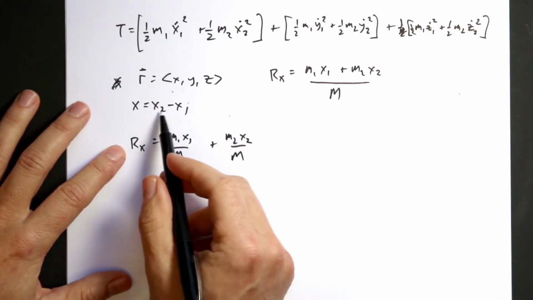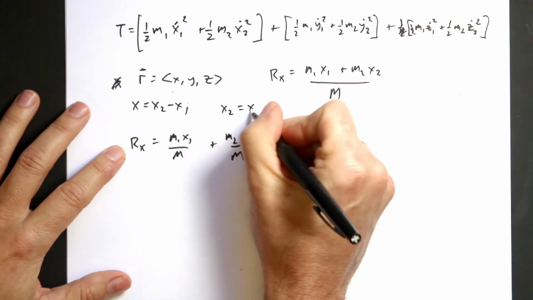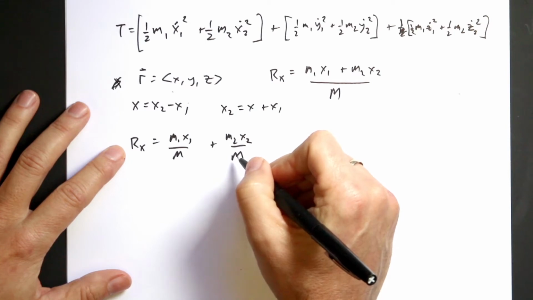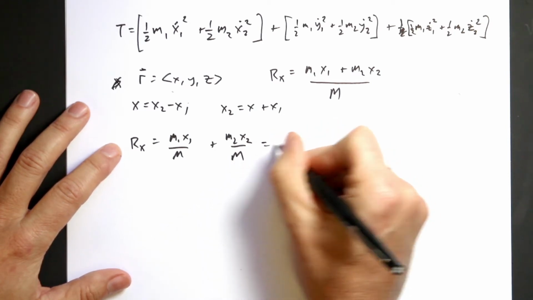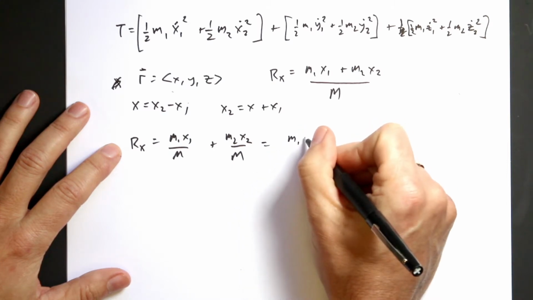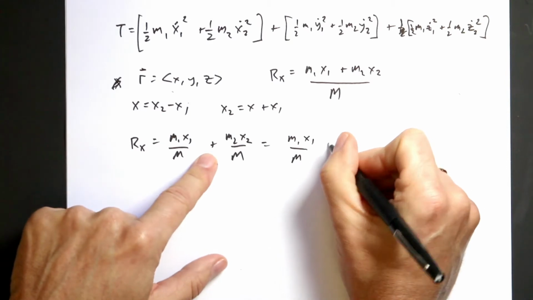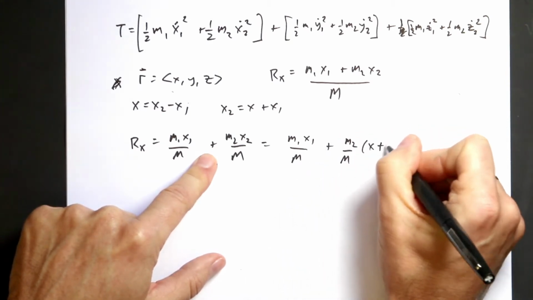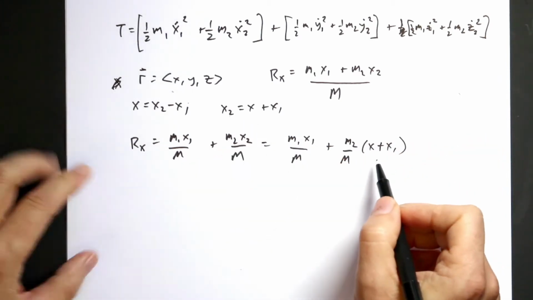So I have, if I solve this for x2, I get x2 equals x plus x1. Now if I plug that in down here, I get Rx equals m1 x1 over M plus m2 over M times (x plus x1). All I do is substitute in x2. I put in this right here.